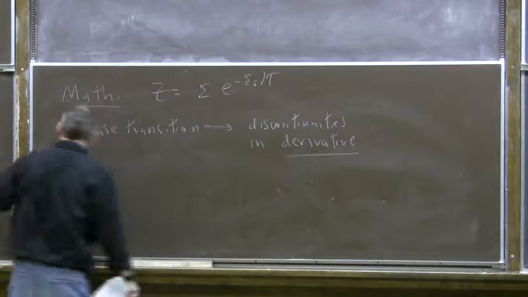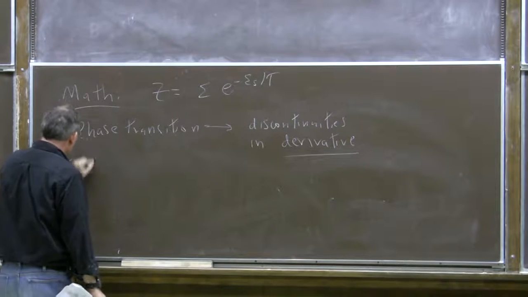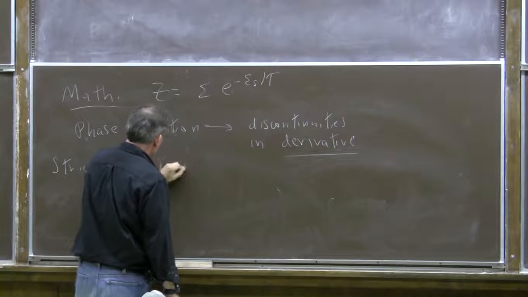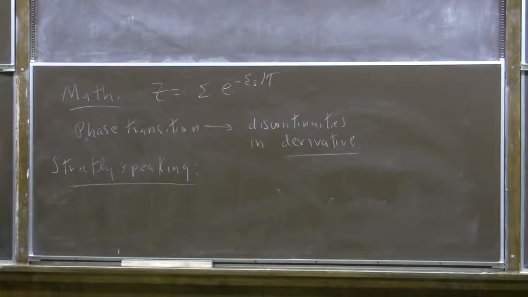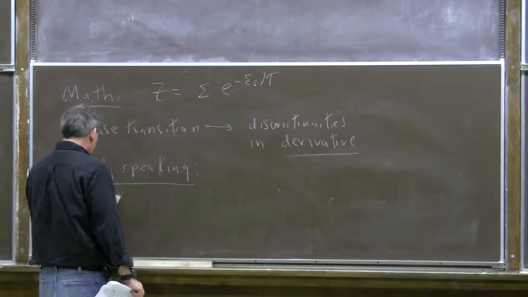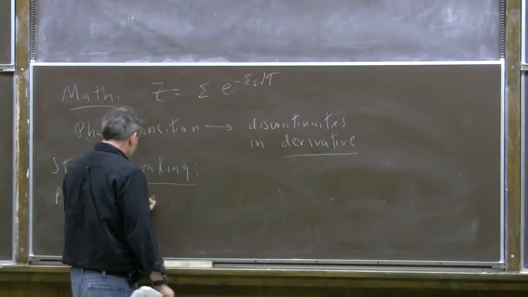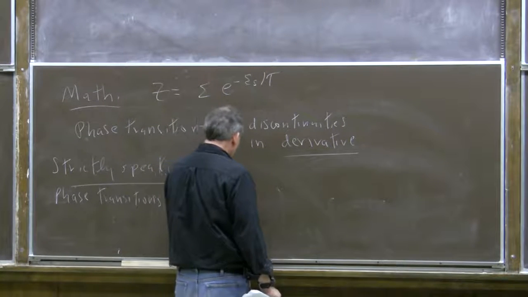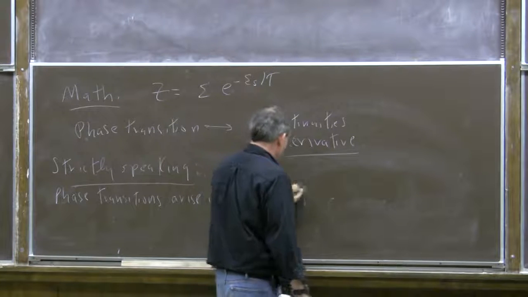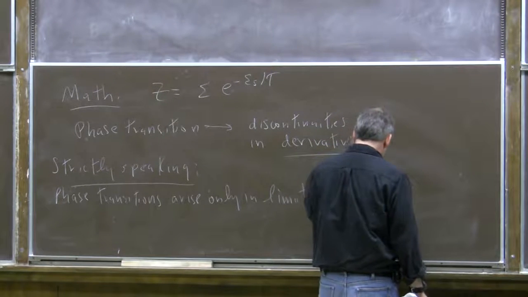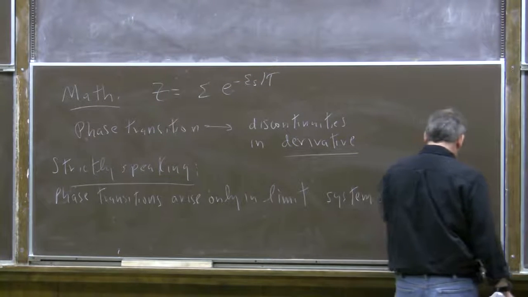So, just as an aside, strictly speaking, such discontinuities, or phase transitions, arise only in the limit of system size going to infinity.